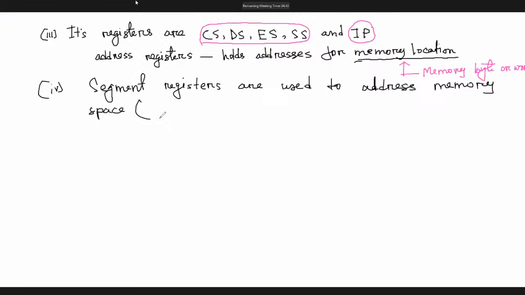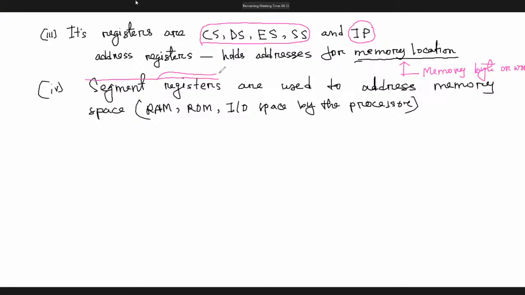So what is in memory space? Memory space indicates RAM, ROM, and IO space, that is input output space, by the processor. So segment registers are used to address memory space. There are 4 segment registers, you can see here, used to address memory space.